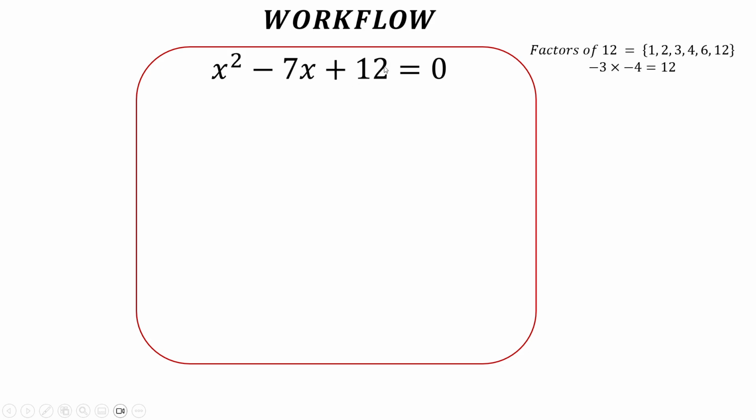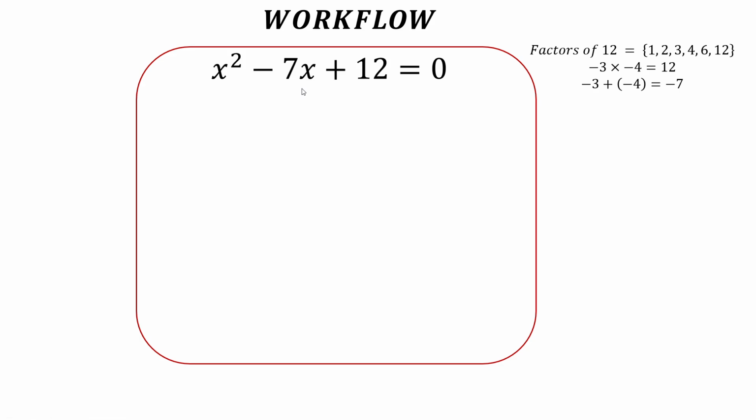Those two numbers that satisfy the conditions will be -3 and -4. So -3 times -4 is going to give us +12, and if you add the two numbers up, you also get -7. So we've gotten the two numbers which satisfy the conditions.